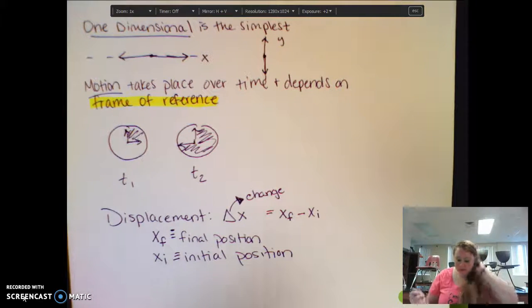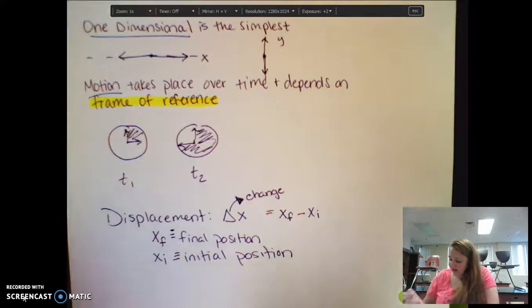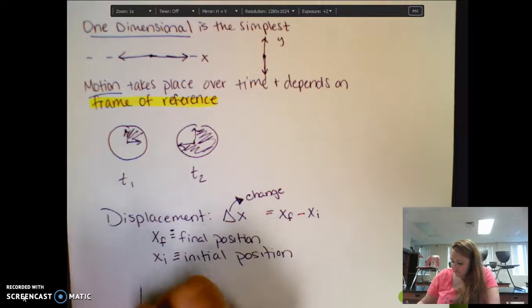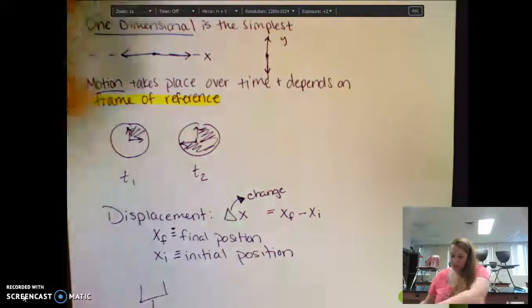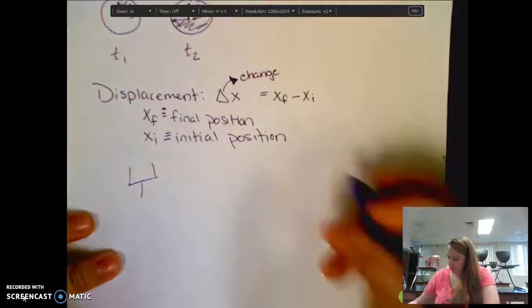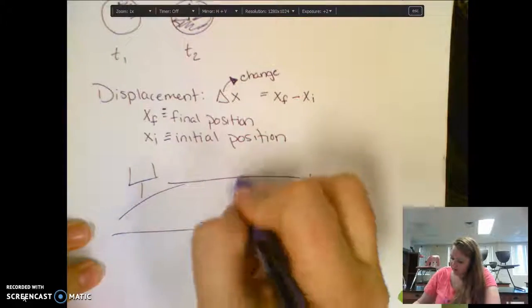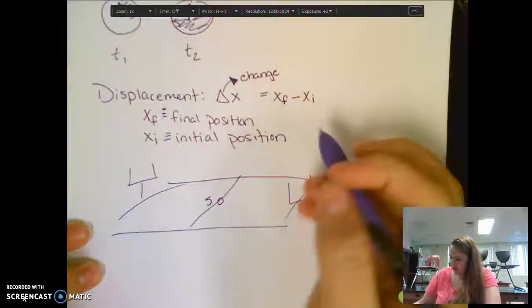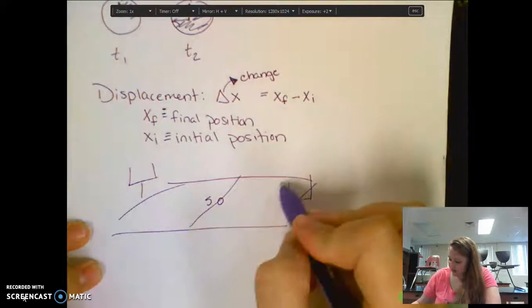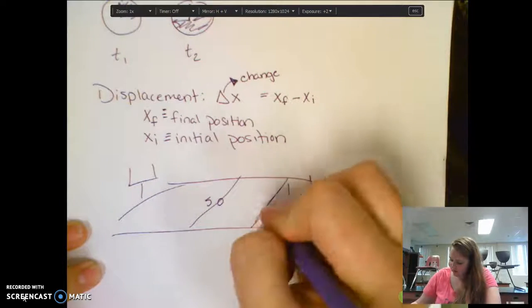Alright, so there's displacement. Let's say we have a football player. Here's my poorly drawn football field here. Okay, here's the 50-yard line. Guy runs the ball over here to the 20-yard line.